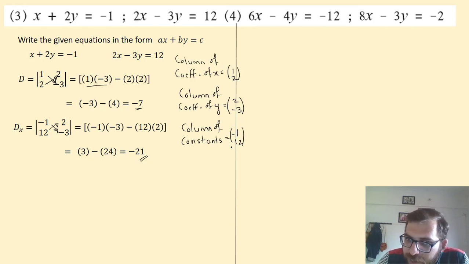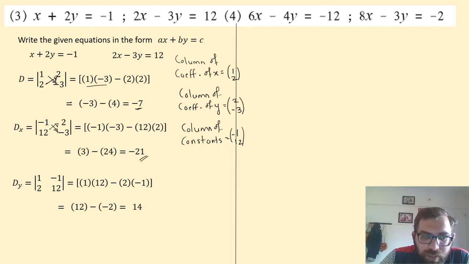We replace it by minus 1 and 12, and we get dy with the column of coefficients of x and the column of constants, that is 1, 2, minus 1 and 12. We solve it by 1 into 12 minus 2 into minus 1. So 1 into 12 will be 12, 2 into minus 1 will be minus 2, this minus and this minus will become plus, and 12 plus 2 is equal to 14.